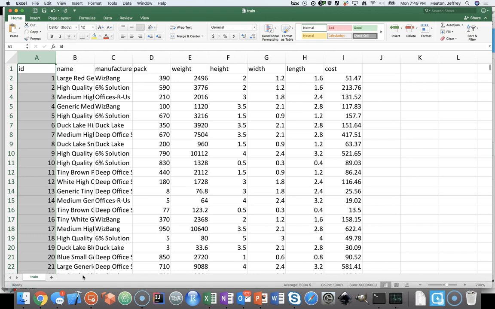I'll give you an example of a target leak in our own system. We had a data set where we're trying to predict claims fraud. So did you commit fraud on a claim? We have humans who are trying to predict if you committed fraud on a claim or not. One of our columns in our database is something called settlement amount.